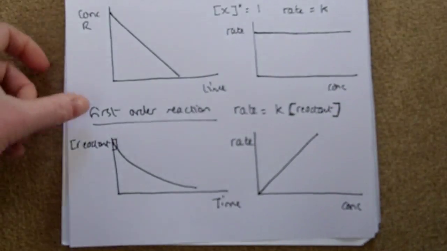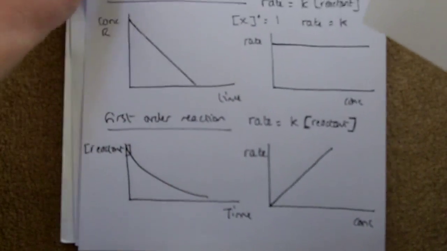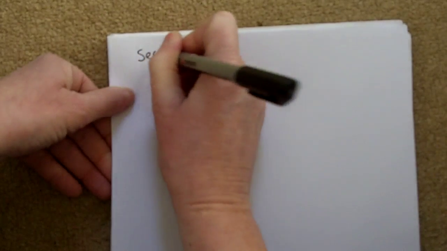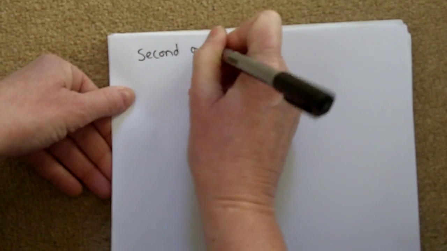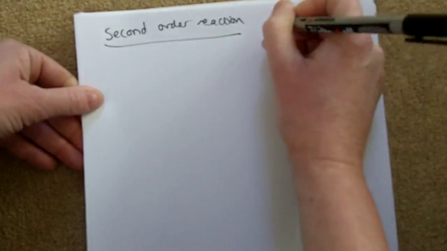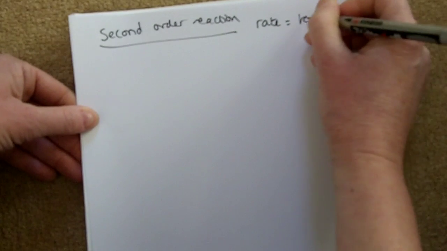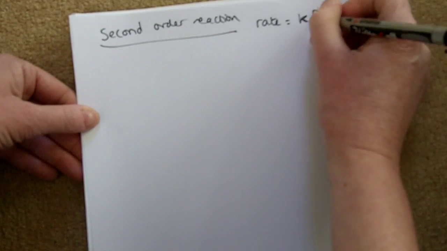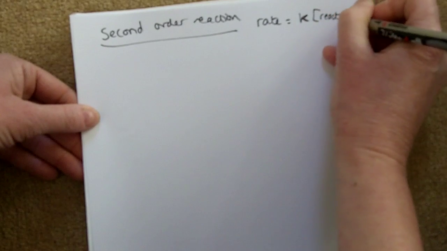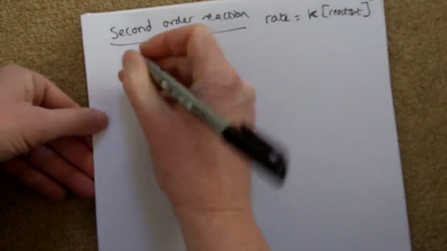Okay, the last one you could be asked about is a second order reaction: 0 order, first order, second order. For the second order reaction, the rate equation is rate equals k[reactant], and it'll be to the power 2 because it's second order.